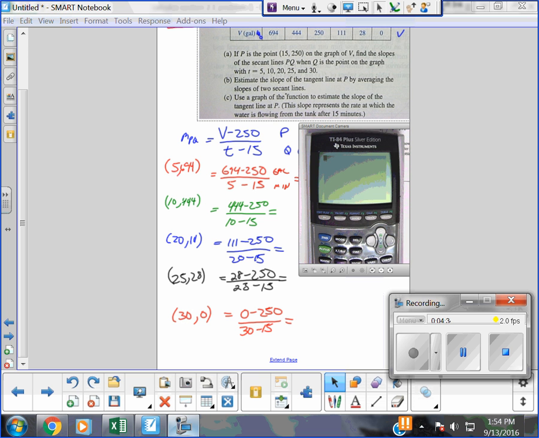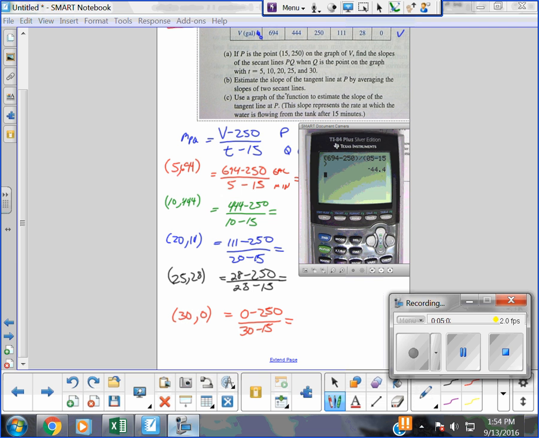I notice that all my points are either 2-digit on the X or 3-digit on the Y. So I'm going to enter this like this. My first point is 694 minus 250 divided by, and it's 5, right? But since I know it's going to be 30, I'm going to put 05 in, minus 15. And the first answer is negative 44.4.